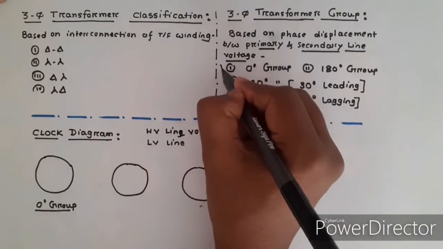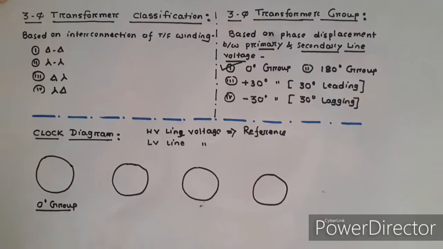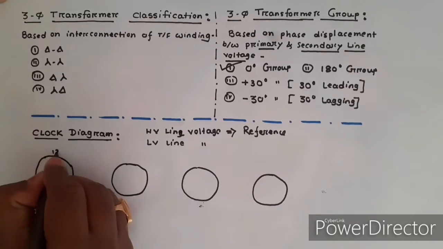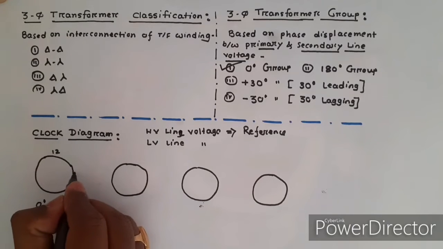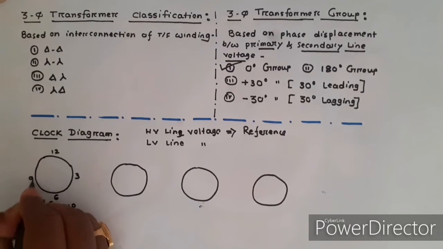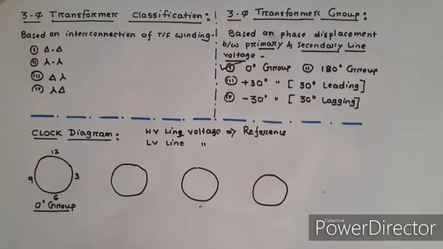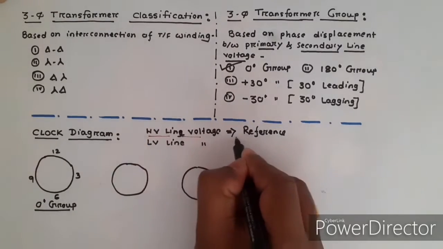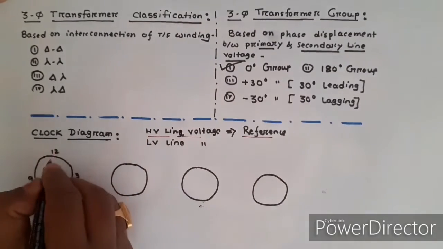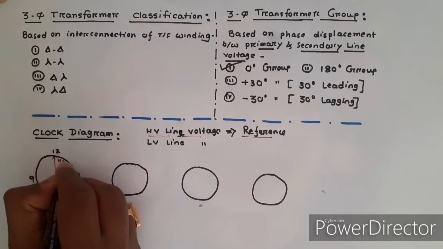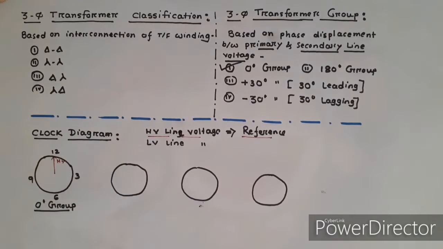This is the 0 degree group. Here, suppose this is a clock. This is 12 o'clock. This is 3 o'clock, 6 o'clock. This is 9 o'clock. In the clock diagram, we always put HV line voltage as a reference, that is at 12 o'clock.